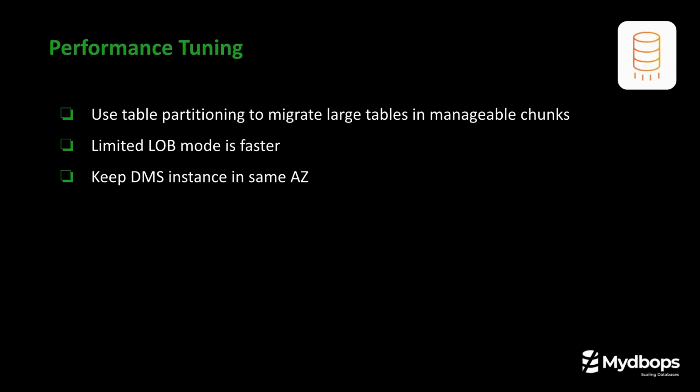Finally, always keep your replication instance in the same region as your target instance. This reduces the network latency and also improves the overall migration speed, ensuring a smoother and faster migration.